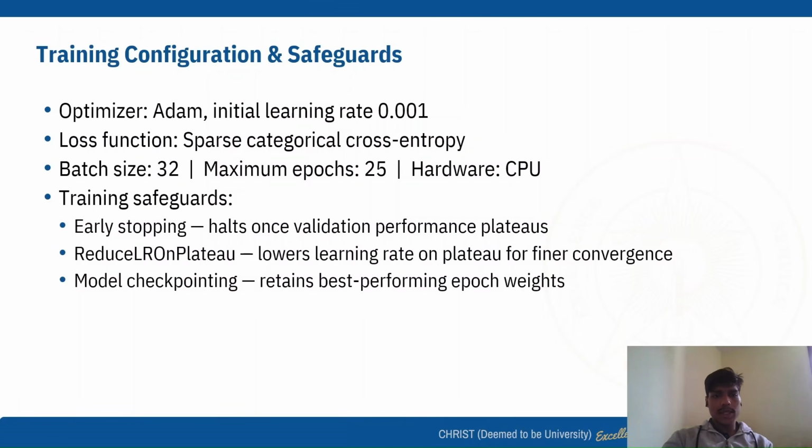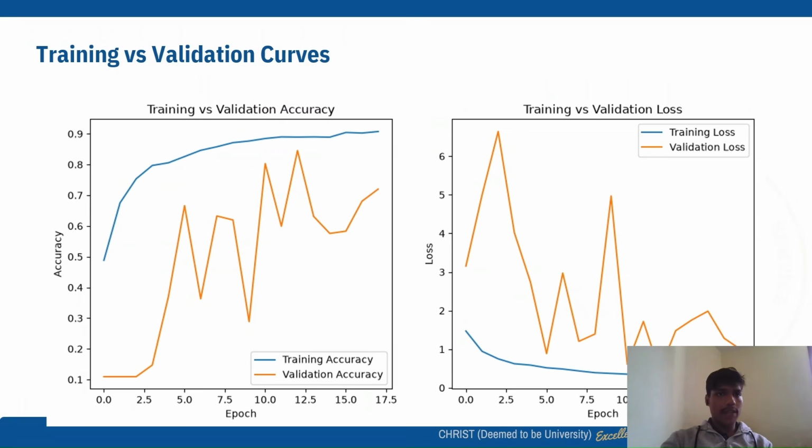If we go to the next slide, which is the training and validation curve, here after we train, we check the validation curve. This graph shows the model performance during training. Training accuracy generally increases as the model learns the images. However, the validation accuracy is more variable.